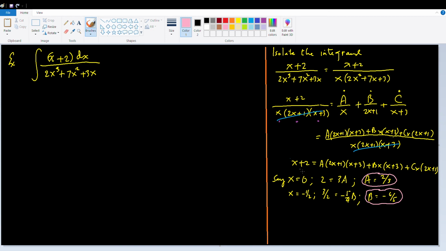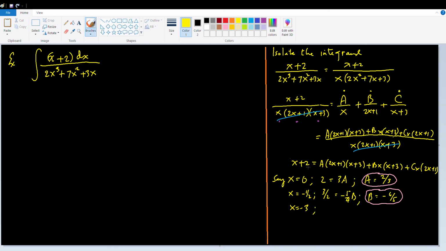So we check. Negative 1/2 plus 2 is positive 3/2. Negative 1/2 plus 3 is 5/2 times negative 1/2 is negative 5/4. So we cancel the 2, negative 6 over 5. Alright, next, to get rid of the factor x plus 3, let x be equal to negative 3.